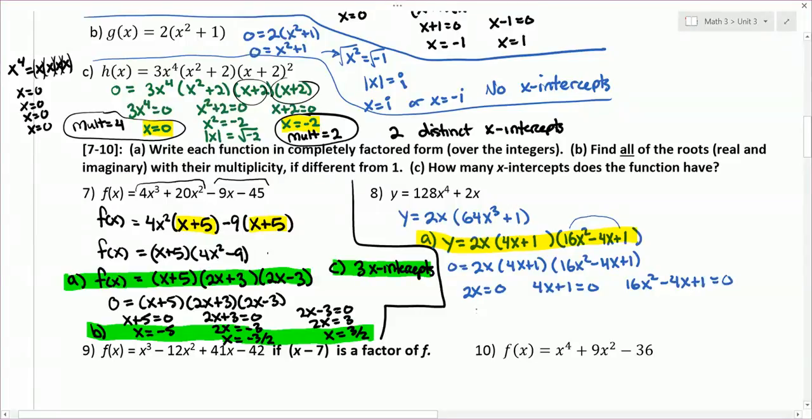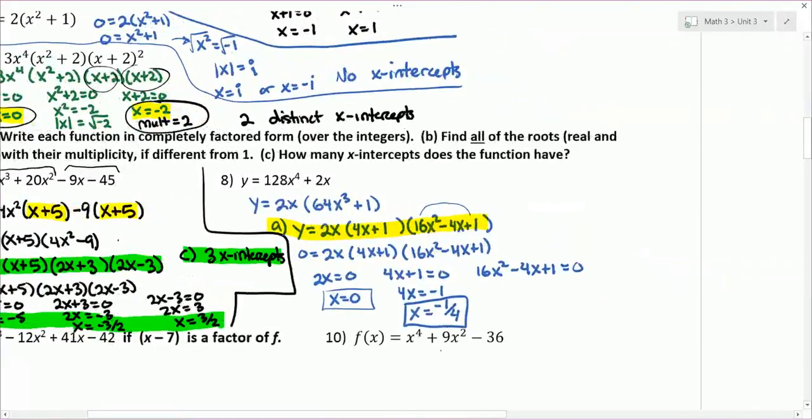And solve for each factor. So the first one you divide by 2 and you get x is 0. Second one you subtract 1, divide by 4, and you get x is negative 1 divided by 4, or negative 1/4.